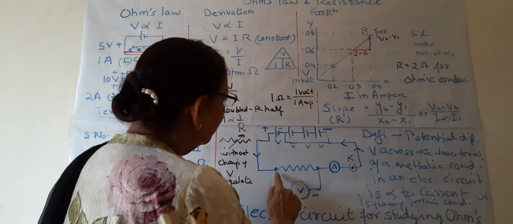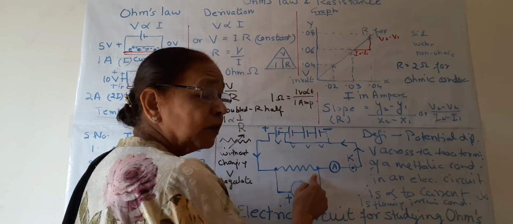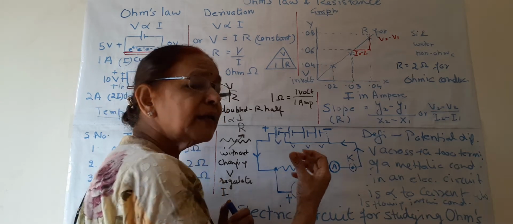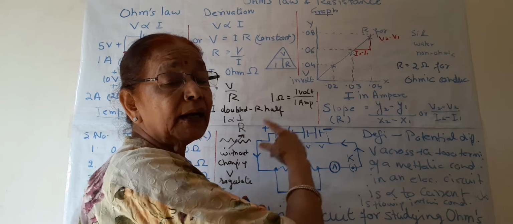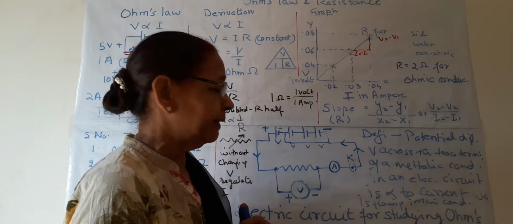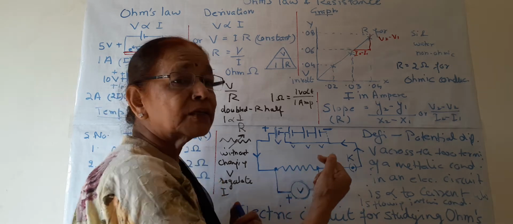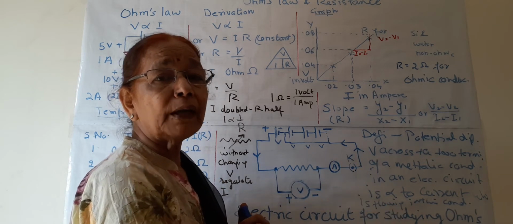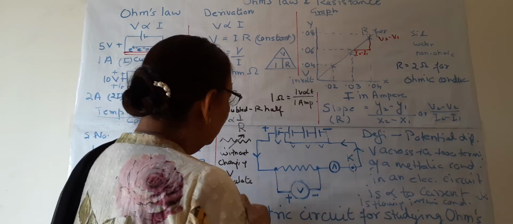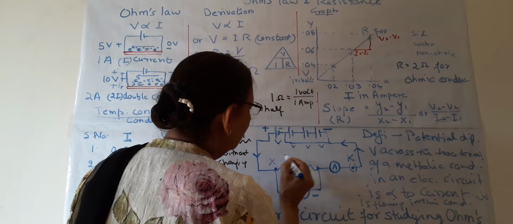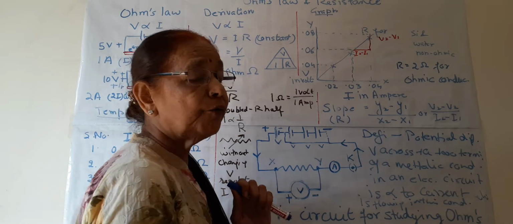The third component is this resistor. This wire is known as a resistor. It has some resistance which is to be studied in these experiments. Instead of this resistance, we can take a bulb or a fan or a television. All these are resistors. Suppose the two ends of this resistor are X and Y.